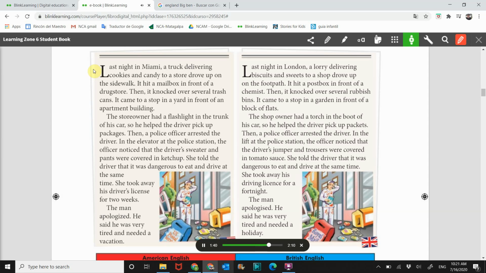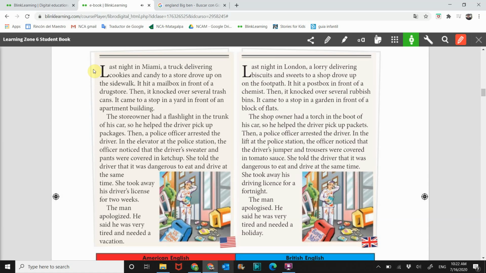Then, a police officer arrested the driver. In the lift at the police station, the officer noticed that the driver's jumper and trousers were covered in tomato sauce. She told the driver that it was dangerous to eat and drive at the same time. She took away his driving license for a fortnight. The man apologized. He said he was very tired and needed a holiday.